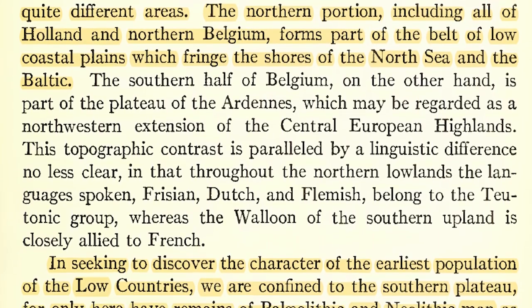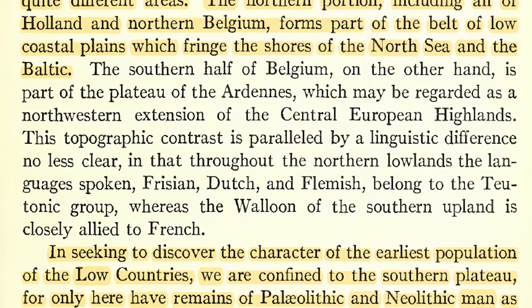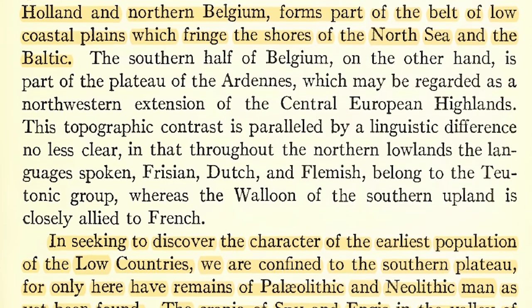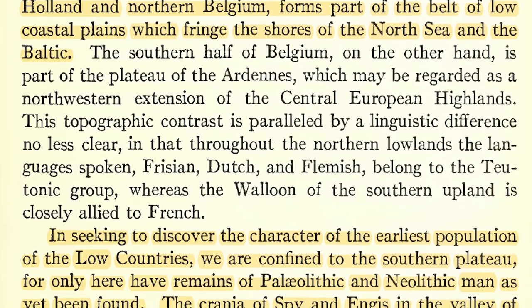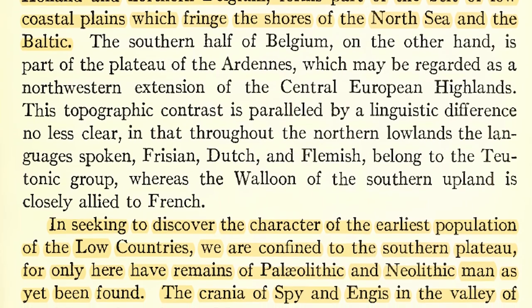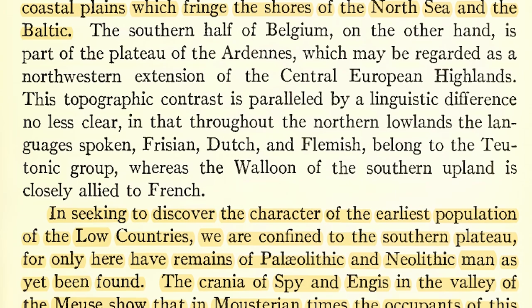Let's drop down a little bit. In seeking to discover the character of the earliest population of the Low Countries, we are confined to the southern plateau, for only here have remains of Paleolithic and Neolithic man as yet been found.